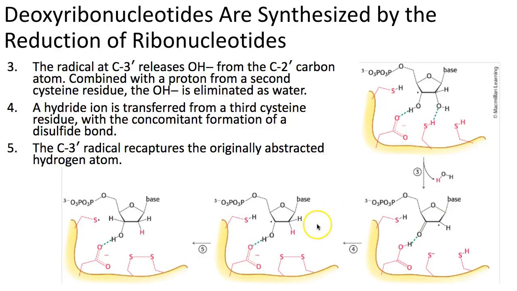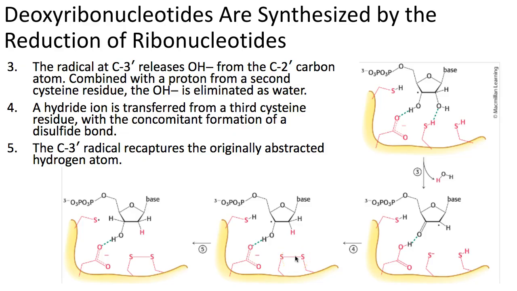And so going into step 4, a hydride ion is transferred from a third cysteine residue. So notice this hydride right here is being transferred over. So that's why you see this happening. And that results in a disulfide bond, and so pretty much deactivating this part of the enzyme.